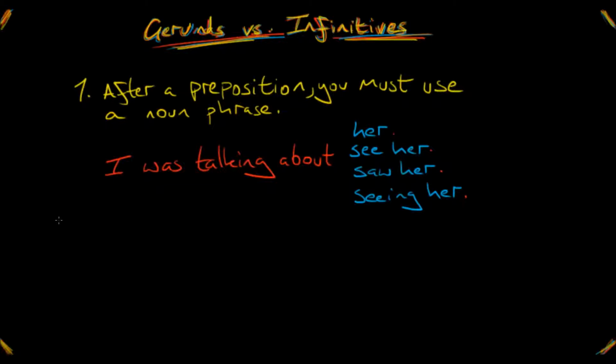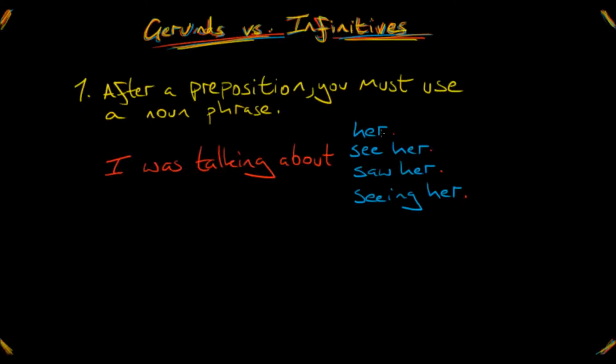I was talking about, well, what is it? Her, see her, saw her, seeing her. Which of those might be correct? Well, see her and saw her, see and saw, well, we've got a base form here, number 1. We've got past form here, that's verb form number 2. So they're verbs. They don't work.